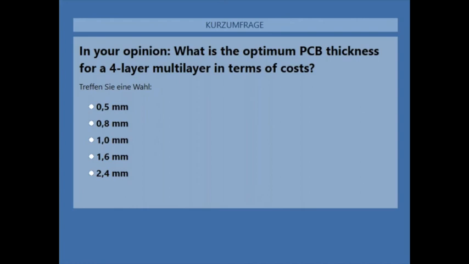And you have several choices: 0.5 millimeter, 0.8 millimeter, 1 millimeter, 1.6 millimeter, and 2.4 millimeter. So you change nothing in your layout. It's just the thickness of this 4-layer multilayer, which would be the best thickness when it comes to price. Please vote.